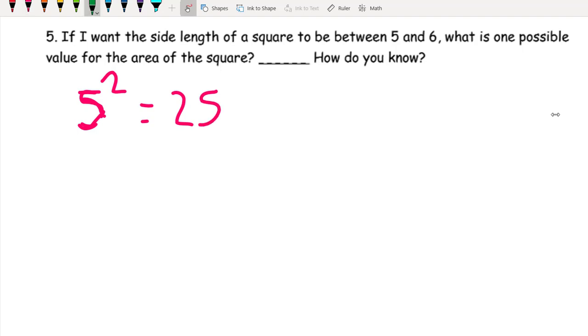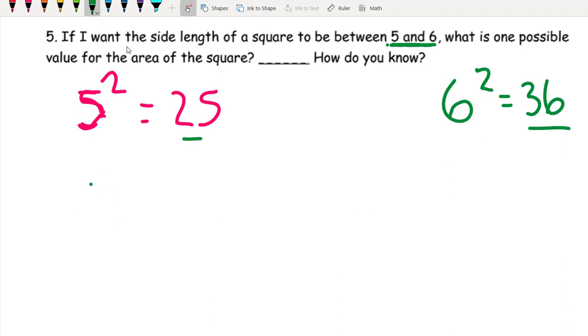And on the last question, we talked about 6 squared is 36. So if we want the square root to be between 5 and 6, then we want the area to be somewhere between 25 and 36.